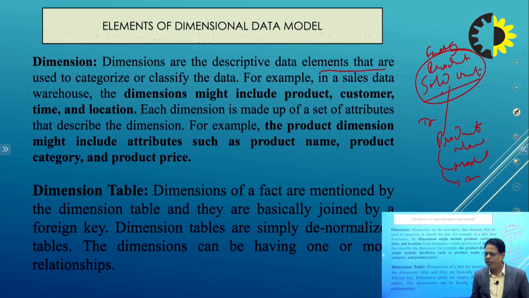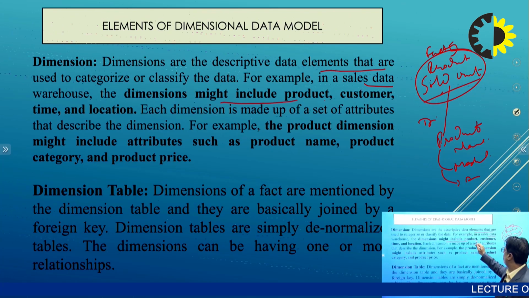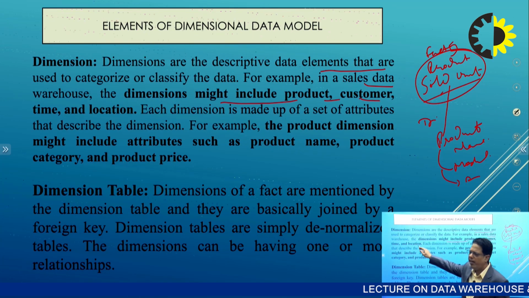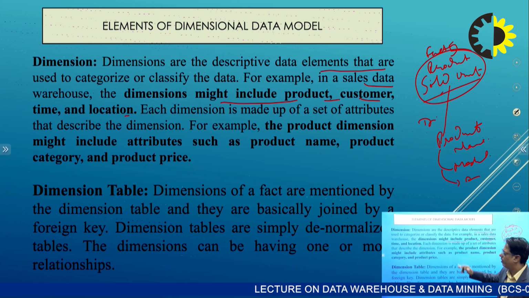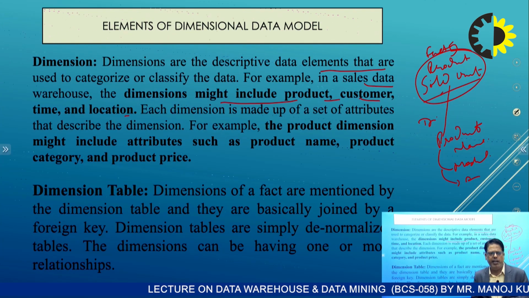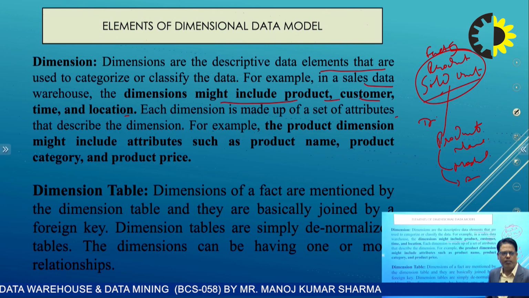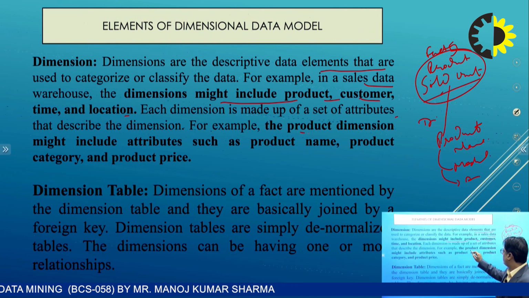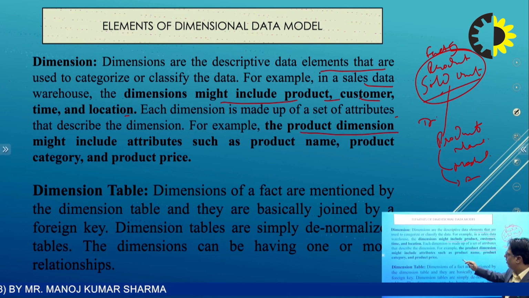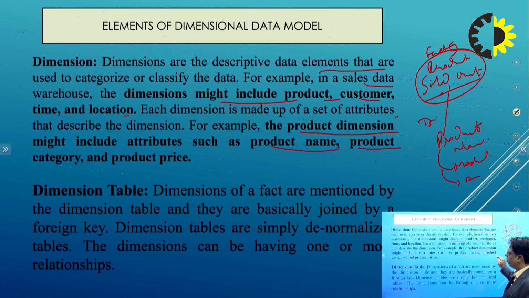For example, in a sales data warehouse, the dimensions might include product, customer, time and location. These all are descriptive data, and each dimension is made up of a set of attributes that describe the dimension. For example, the product dimension might include attributes such as product name, product category and product price. These are the dimension attributes related to the fact table.